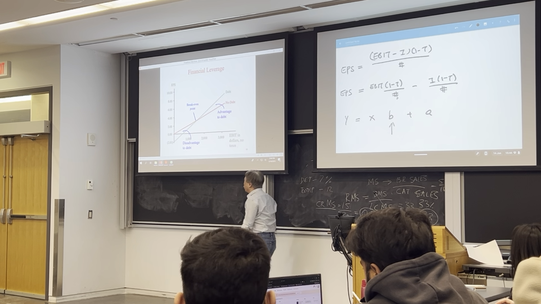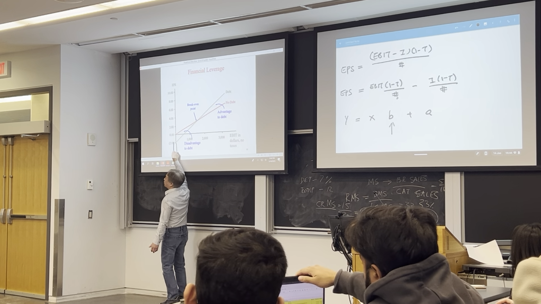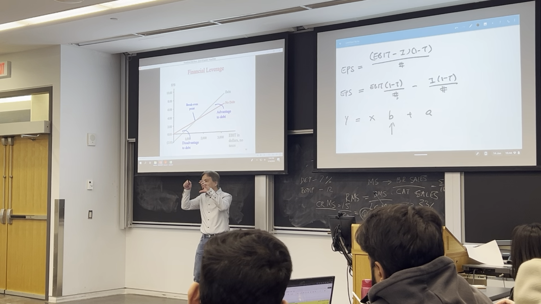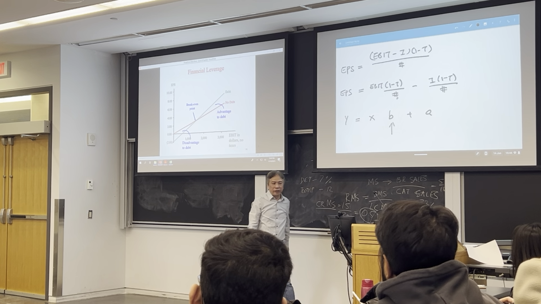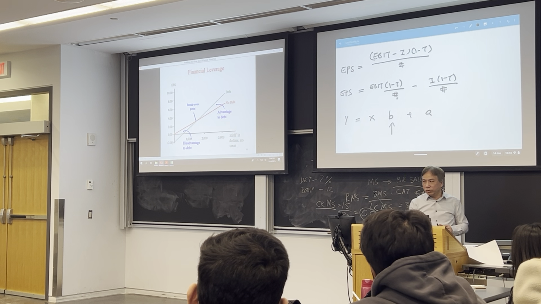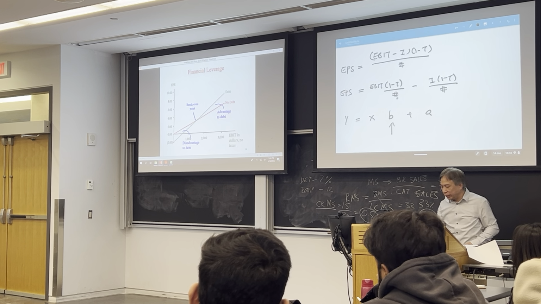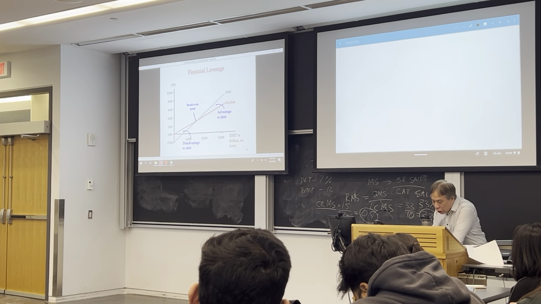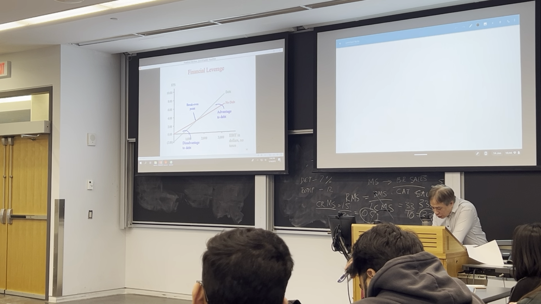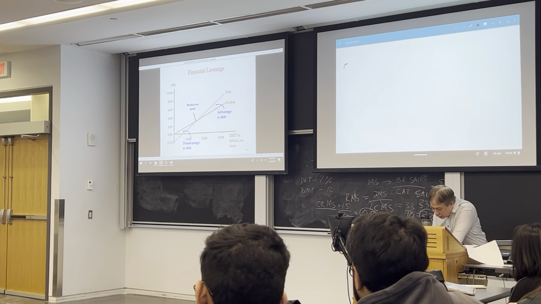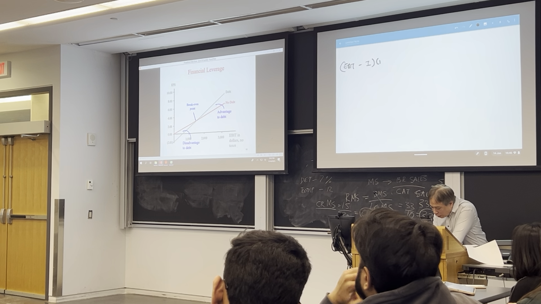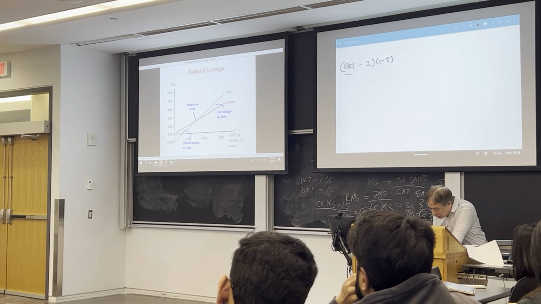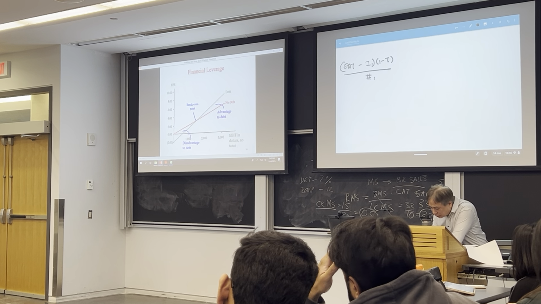And the intercept is negative, because you have the interest payment times 1 minus T divided by the number of shares outstanding. The same logic applies to calculate the indifference point. This time, you calculate EBIT minus interest, times 1 minus T, divided by number of shares outstanding 1.